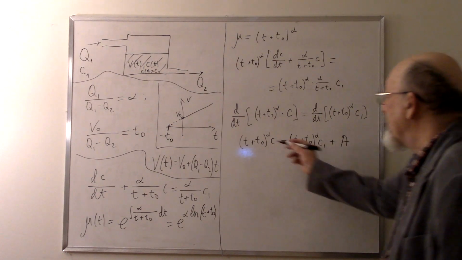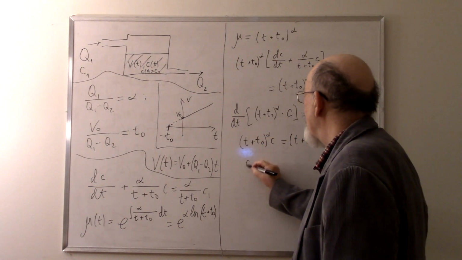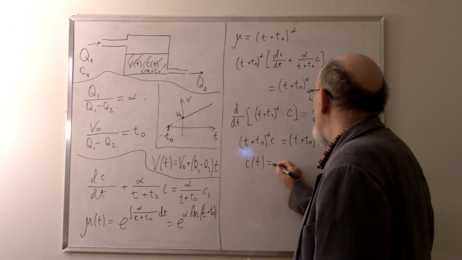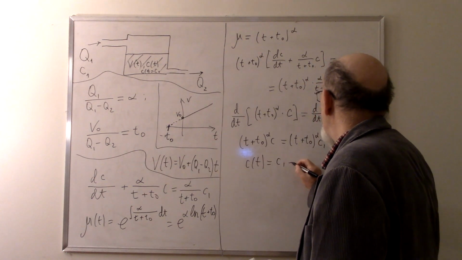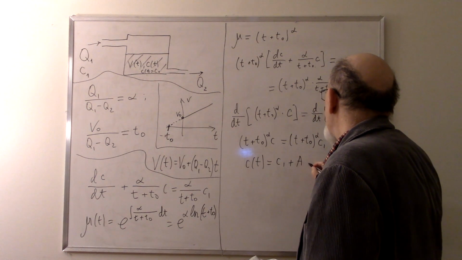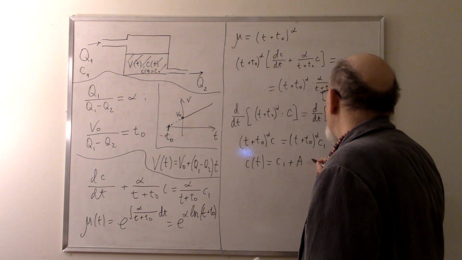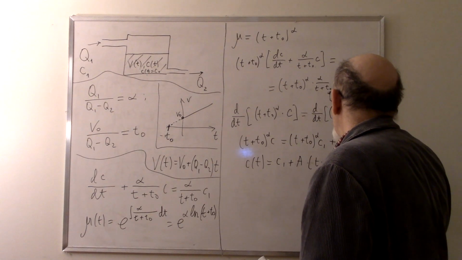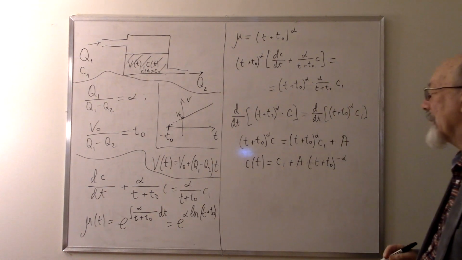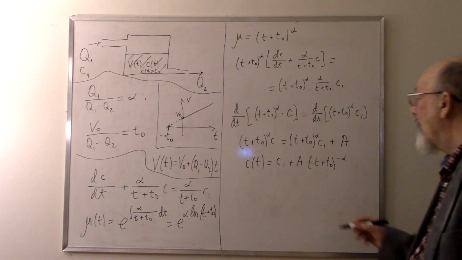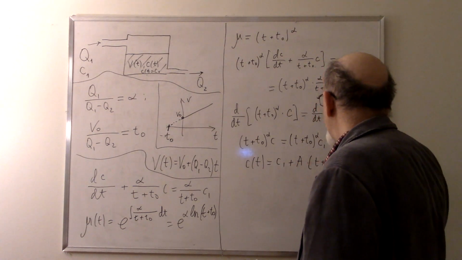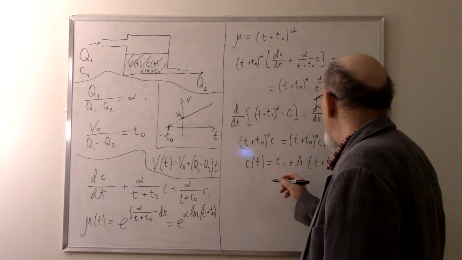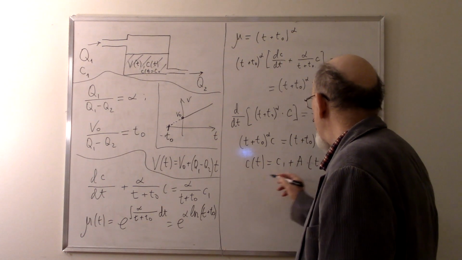Divide by this factor: c of t equals c1 plus A times (t plus t0) to the power minus alpha. And then what is A?